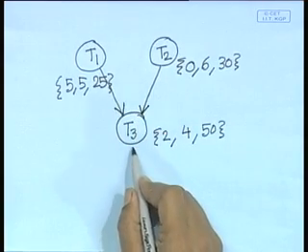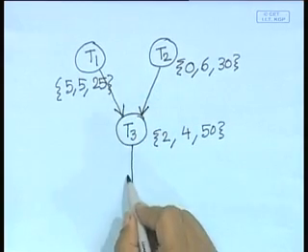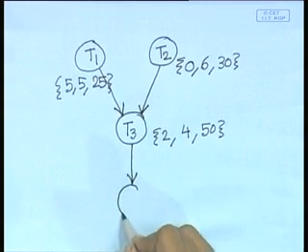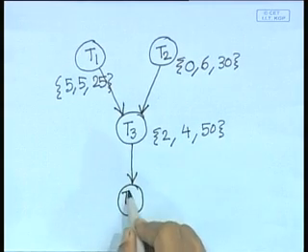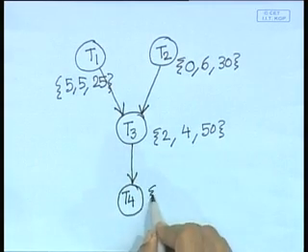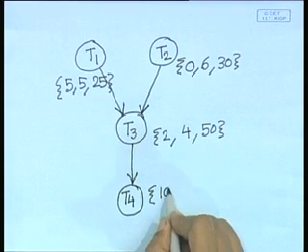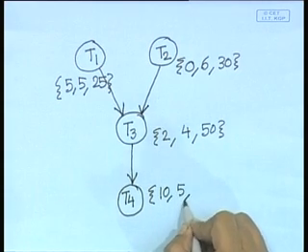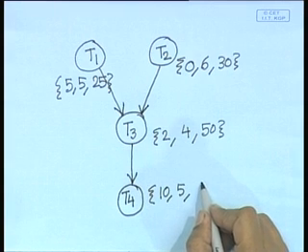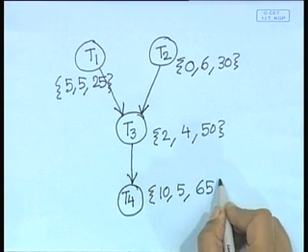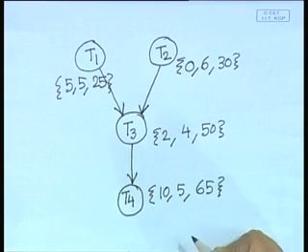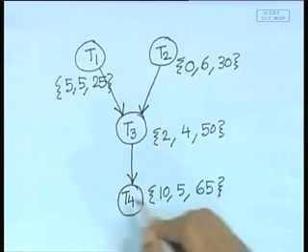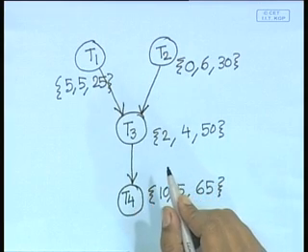And let us say we have another task T4 whose phase is let us say 10, execution time is 5 and the deadline is let us say 65. Just any arbitrary task graph that I have drawn.